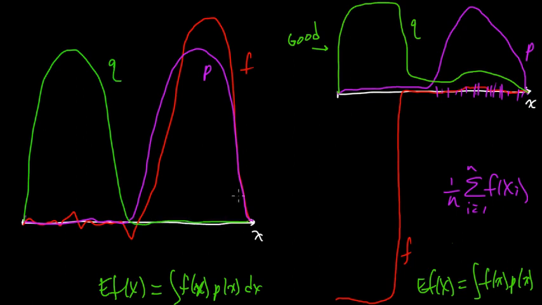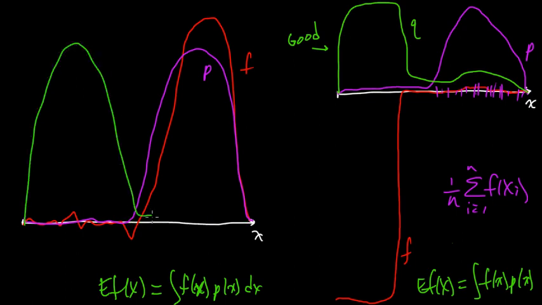That should be positive everywhere. Sorry, it kind of dropped below 0 there. For some reason it's very difficult to get samples from over here. Well, then we would be in very bad shape, because we're getting all these samples from our Q, and we're really not getting a representative estimate of the expectation, because all the action is over here.